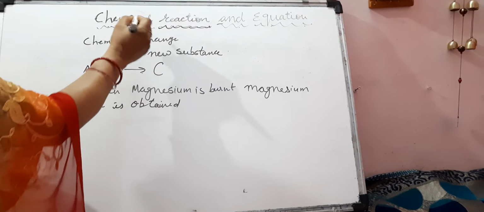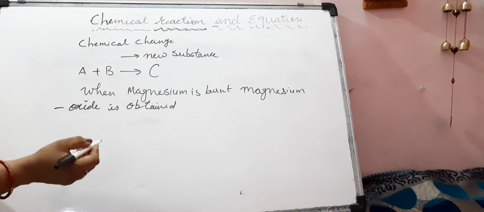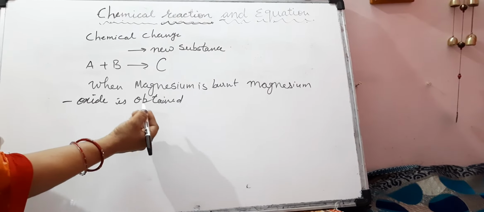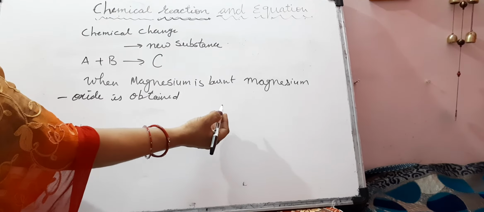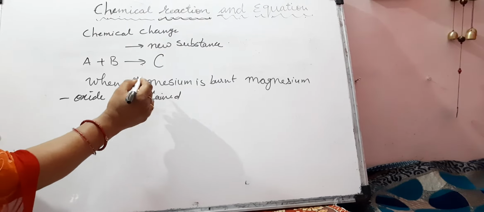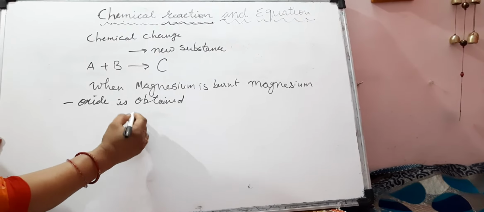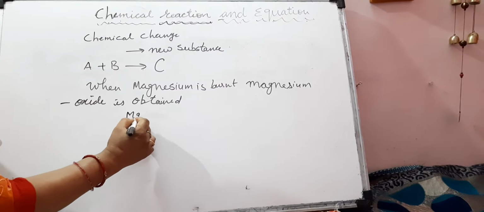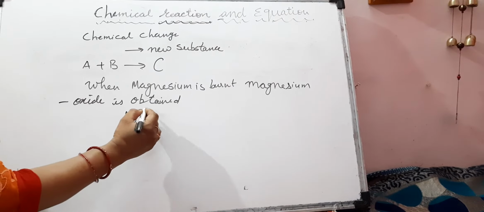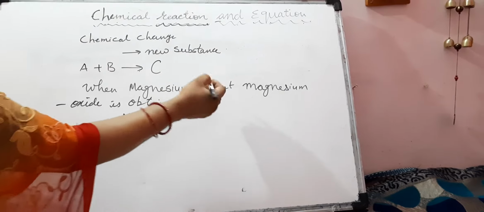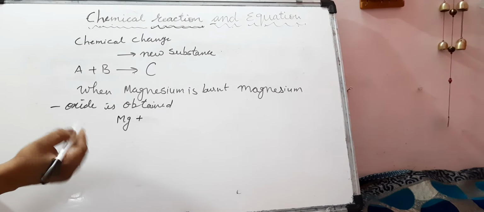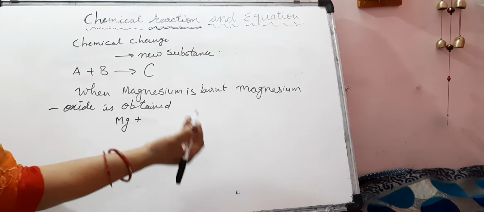But if this chemical reaction is written in the form of symbols and formulas, then it becomes chemical equation. Like if I am writing this statement of reaction into short form, that is magnesium, symbol of magnesium is Mg, as you all are knowing, is burnt in presence of oxygen, because the process of burning always take place in presence of air or oxygen.